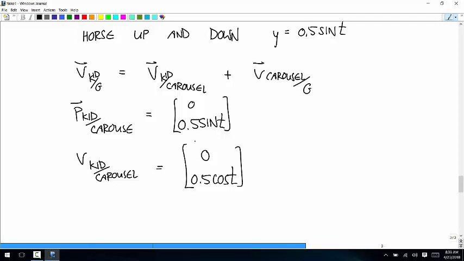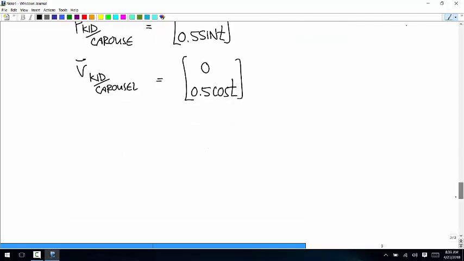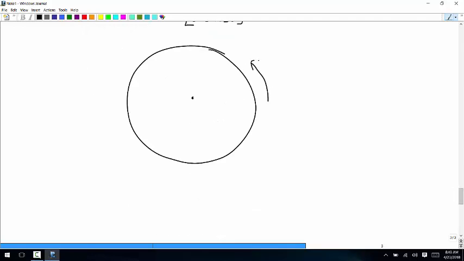And then we know that the biggest cosine can get is 0.5. Now let's think about the circular motion part, because that spot on the carousel is in circular motion as the horse goes up and down. The angular velocity is 0.8 radians per second.